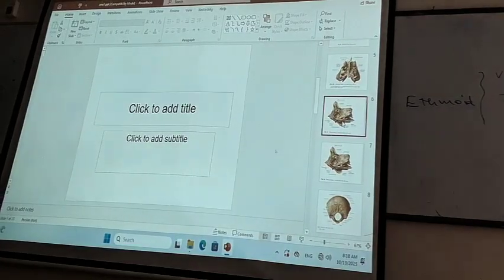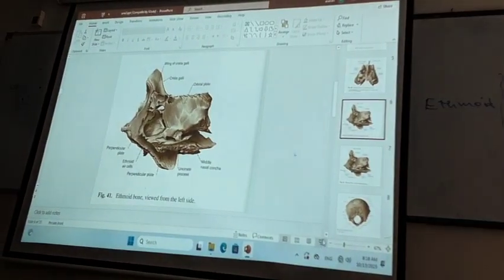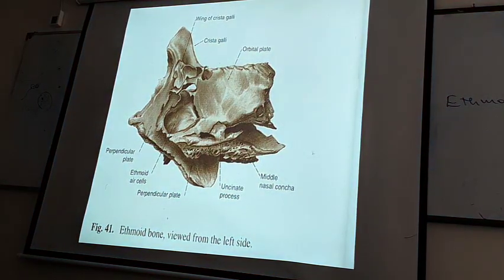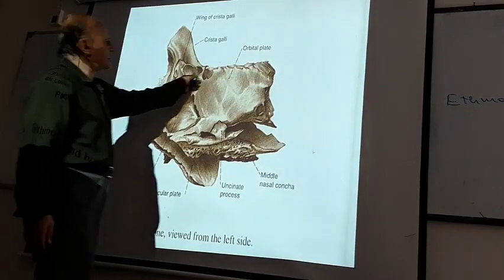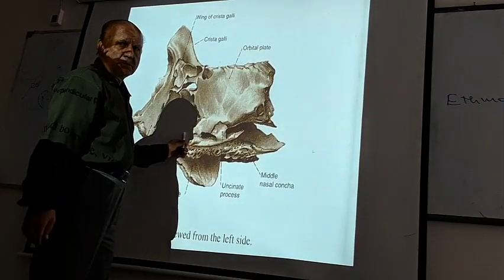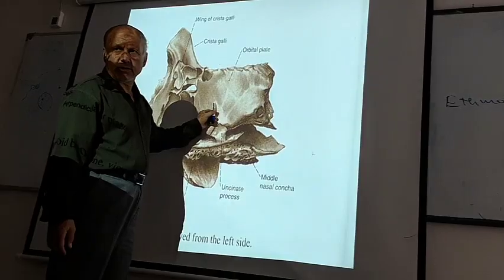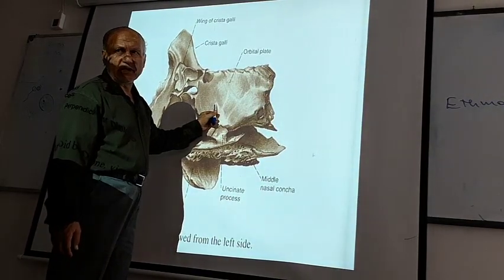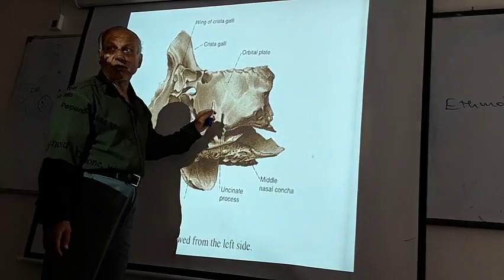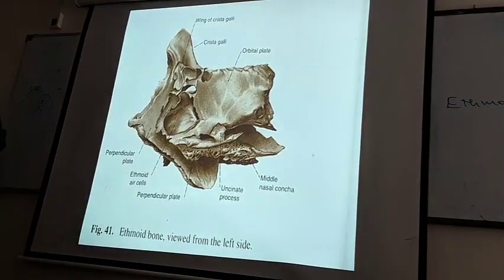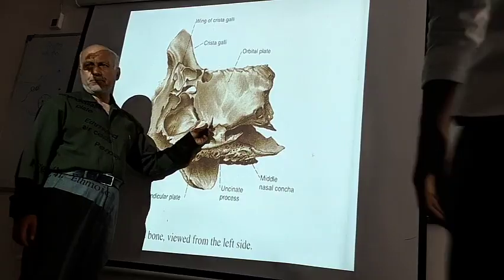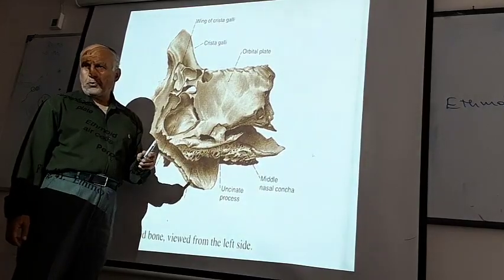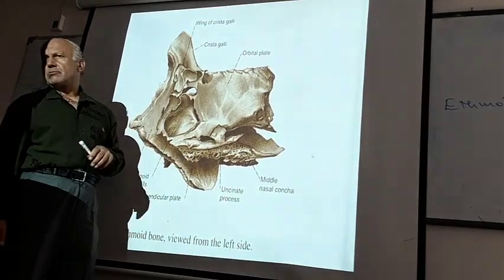We come back to the previous shape. You can see this is ethmoidal bone from the lateral side. It is lateral mass, and here is lateral surface. So it is named orbital plate. For the lateral mass, it is the lateral surface, but for the orbit, it is medial wall.